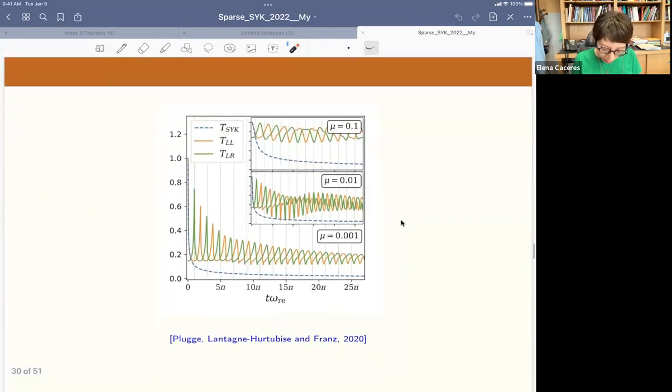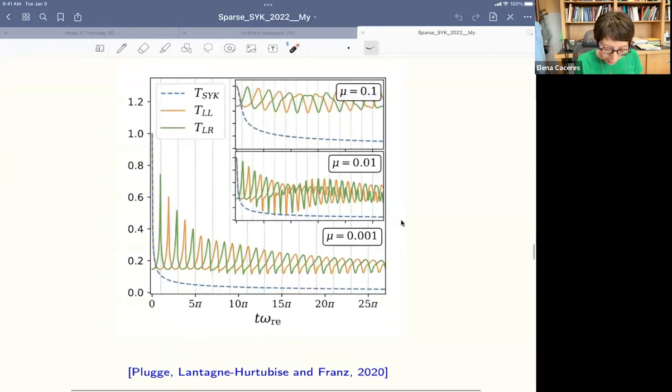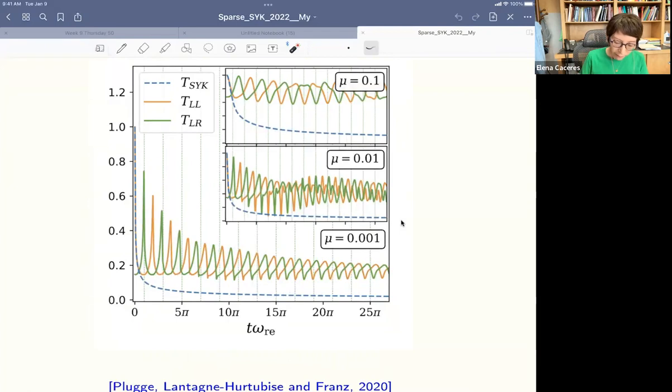So this is a picture from these guys, for the SYK. And what we see here, the main indication, is this: if you didn't have them coupled, so just one SYK, you do your excitation and then it dies off with time. Now, the green and the orange are when you have left and right.